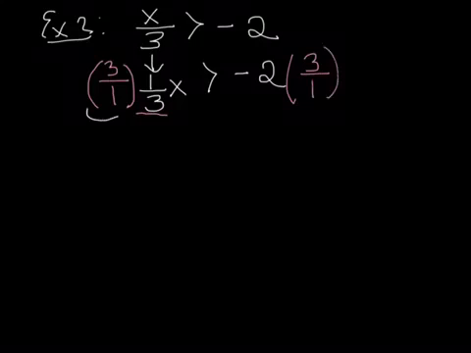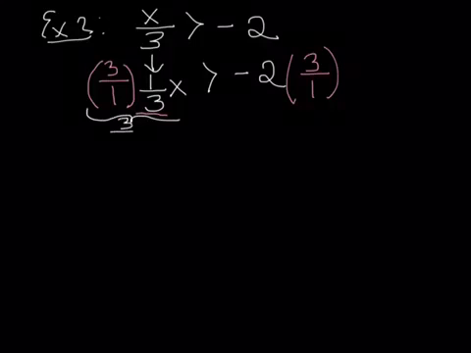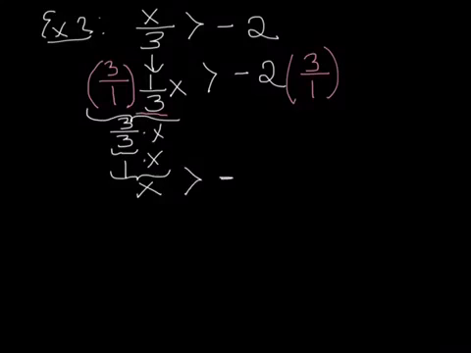And the reason I did the reciprocal is because this is really 3 over 3, but that's just 1, times x, which is just x. So x is greater than negative, and this is really -6. I mean, you can say -6 over 1, but -6 over 1 is -6.